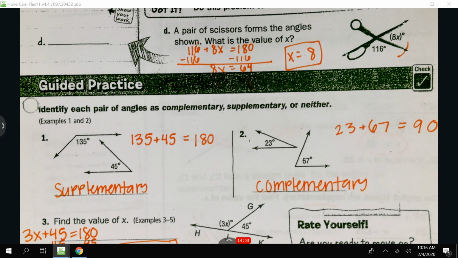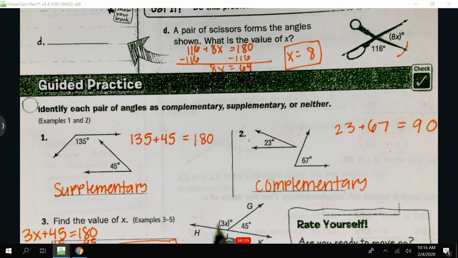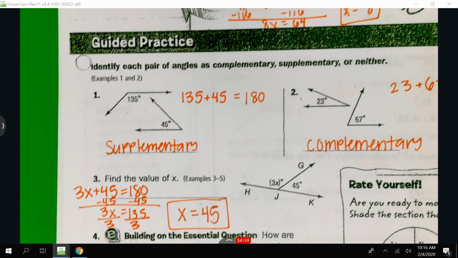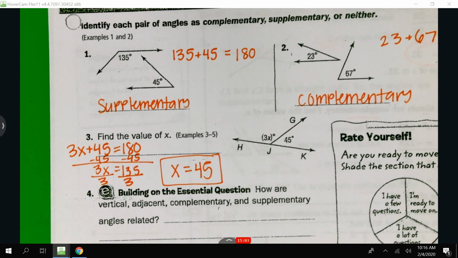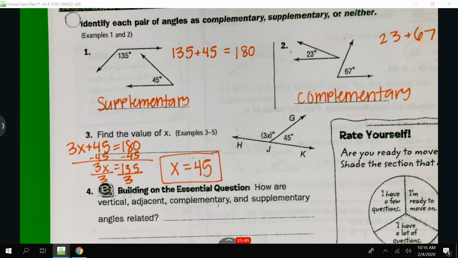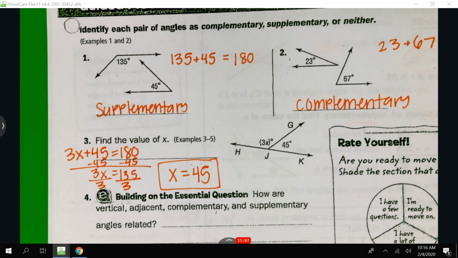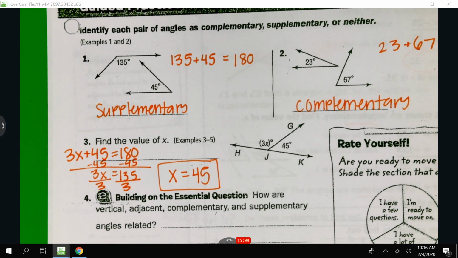Supplementary angles. So what do you know about the sum of those 2? 180. So 3x plus 45 equals 180. So then when you solve the equation, x equals 45. Questions on that? Good?